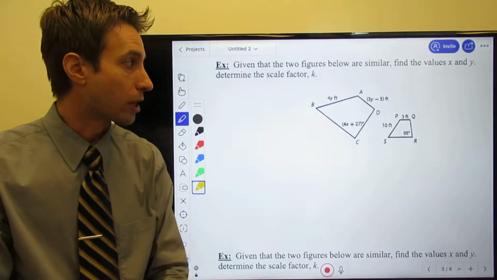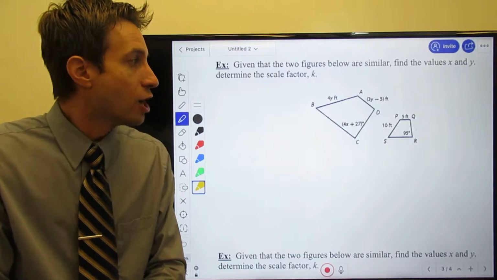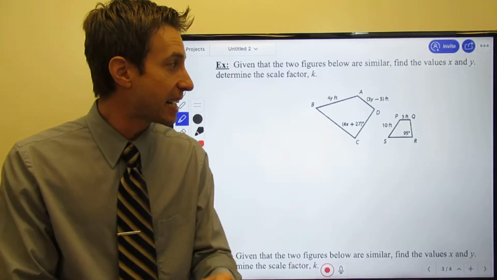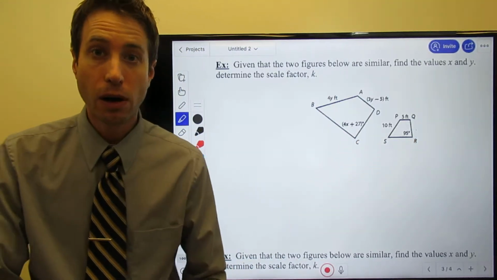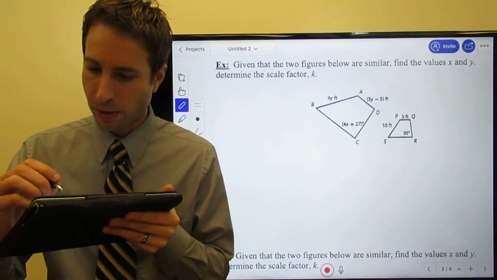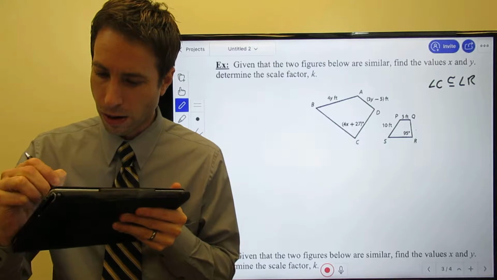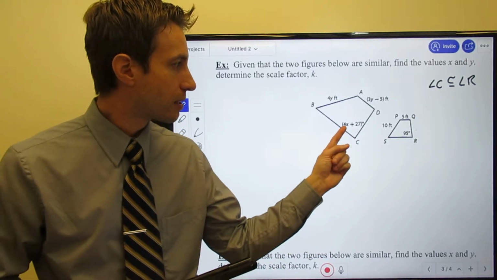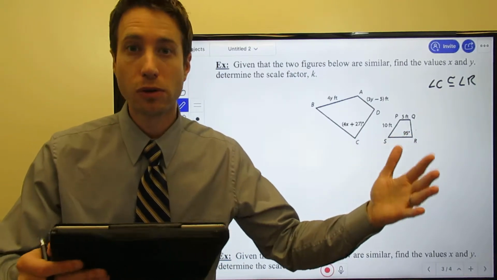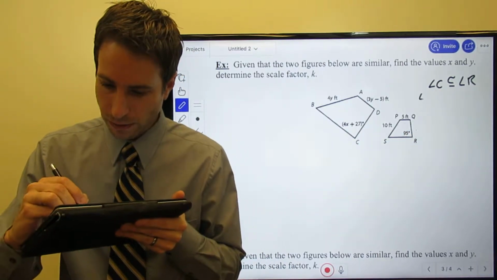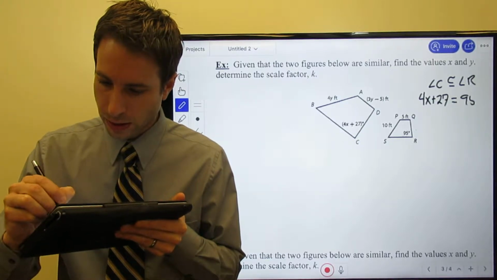Okay, here we go. First thing I know, the angles can't change, right? So that means in these similar figures, angle C and angle R are congruent. Let's start with the easy part. Angle C is congruent to angle R. Angle C is 4x plus 27. Angle R is 95. So set them equal. 4x plus 27 is equal to 95.